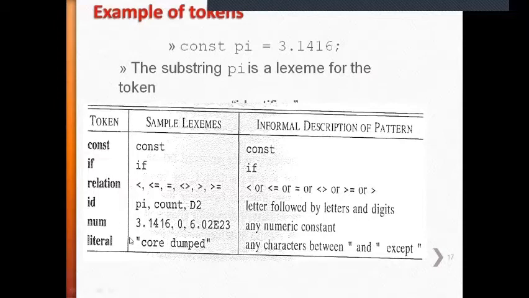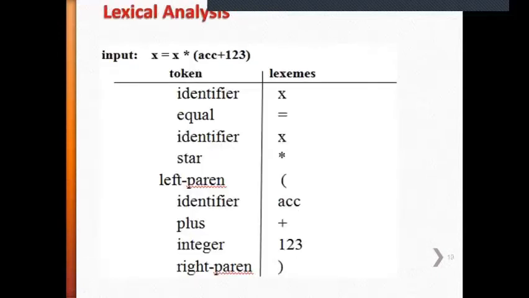For literals, examples are "I am happy" or "This is my college" written within the code. The description is any characters between the open quotes and close quotes. These are the examples of tokens.